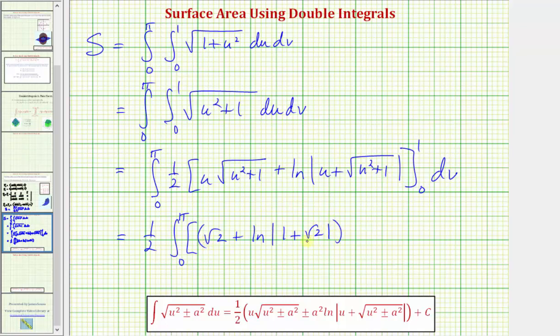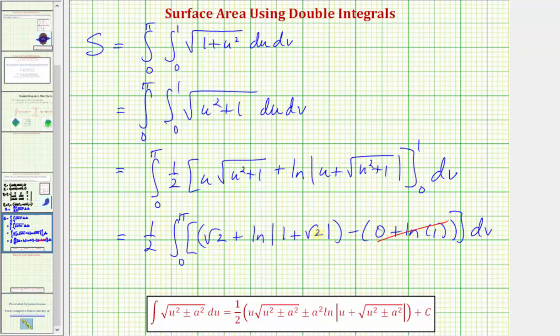So this is the value when u equals 1, minus when u is 0, notice how we're going to have 0 here. So we'll have 0 plus natural log. And again, if u is 0, we have 0 plus the square root of 1, which is just 1, so natural log 1. But notice how natural log 1 is equal to 0, so this simplifies out.